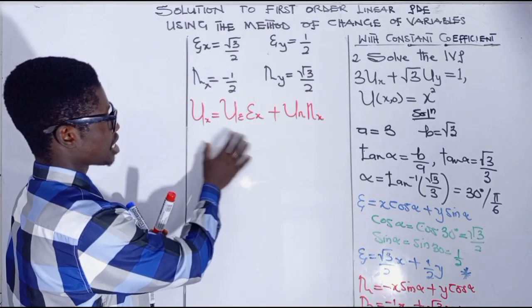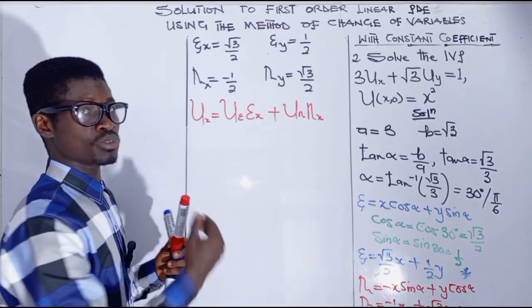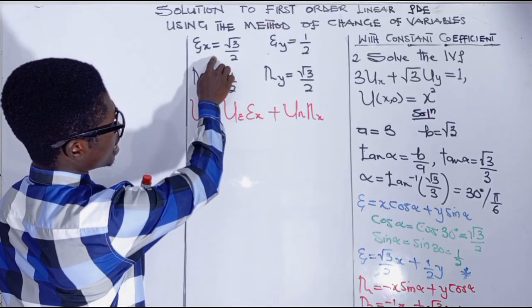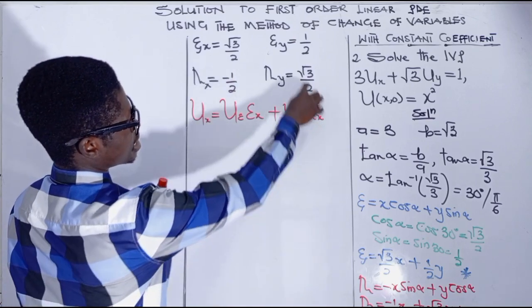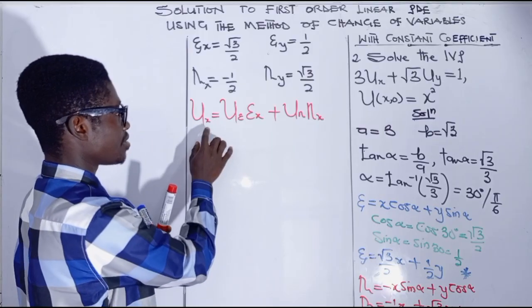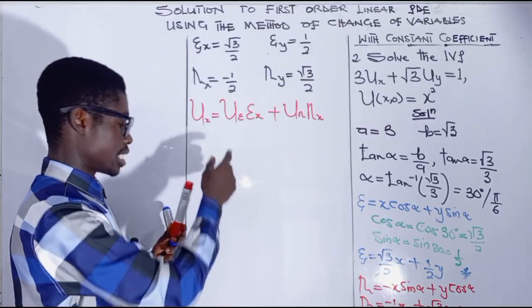So let's start with ux. Then once we are done with ux, we move on to uy. So we have xi x, and we also have eta x. We are just going to plug these into this equation to give us the expression for ux.